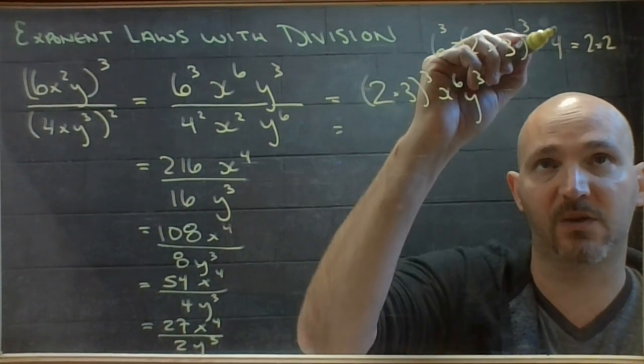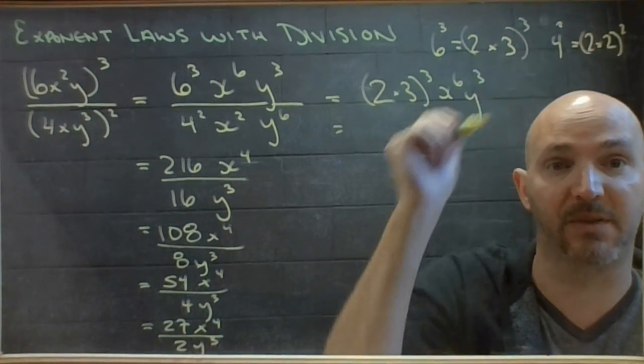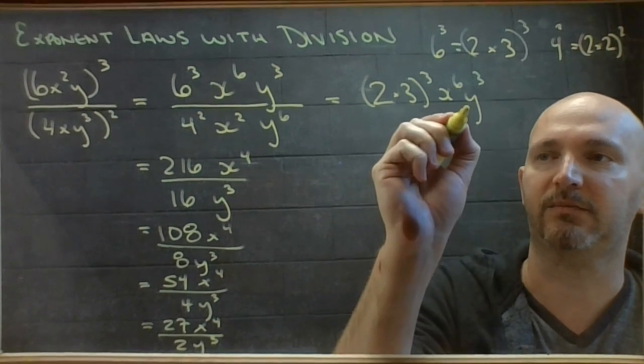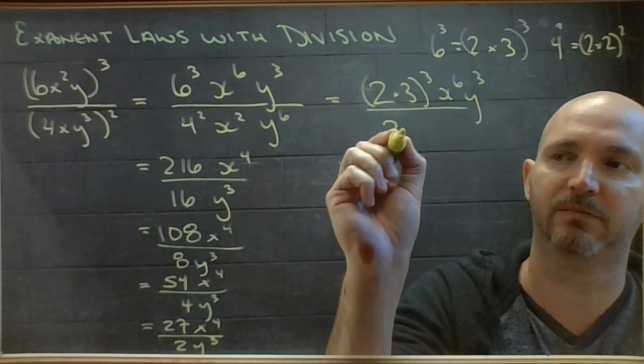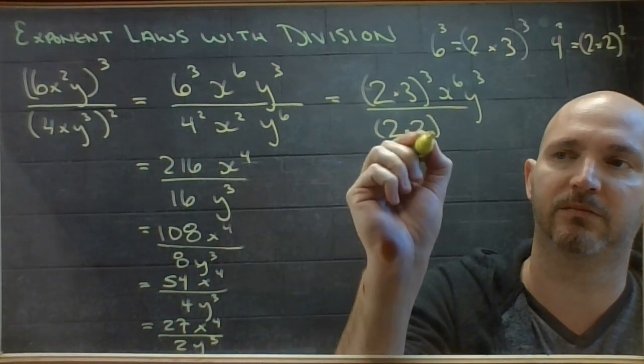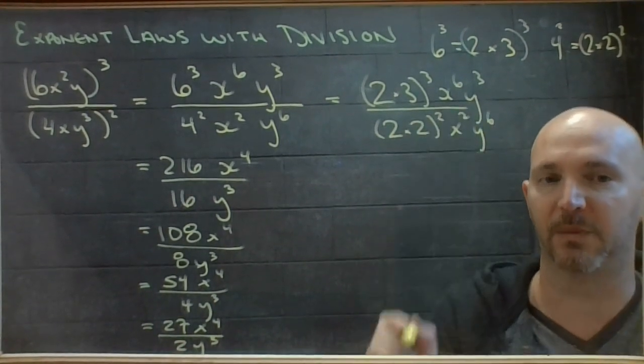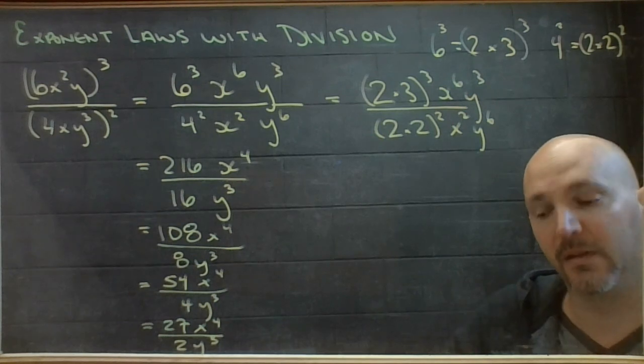So 4 squared happens to be 2 times 2 squared. My face is getting in the way now.